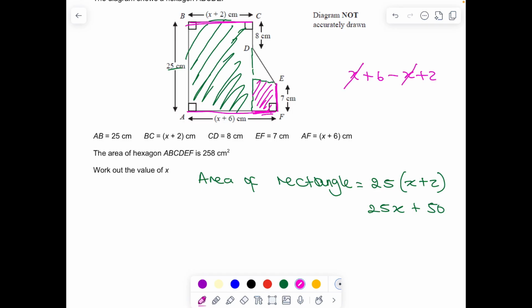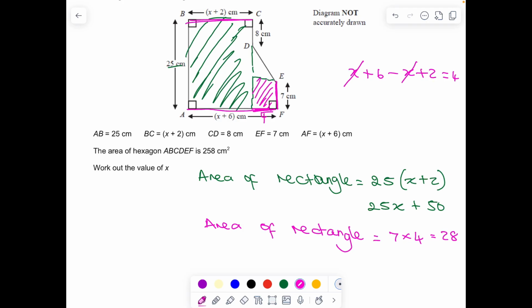So x take away x is nothing, and then 6 take away 2 is 4. So that bit there is just 4. So the area of the next rectangle is simply 7 times 4, which is 28.